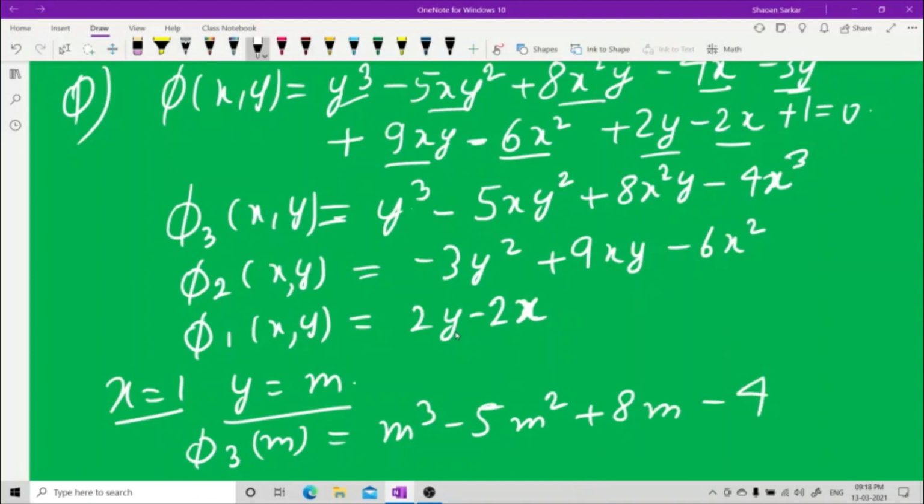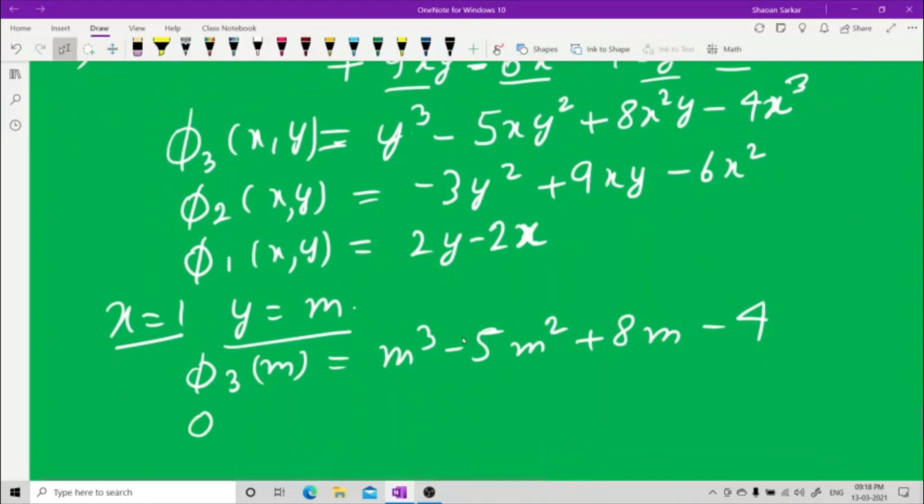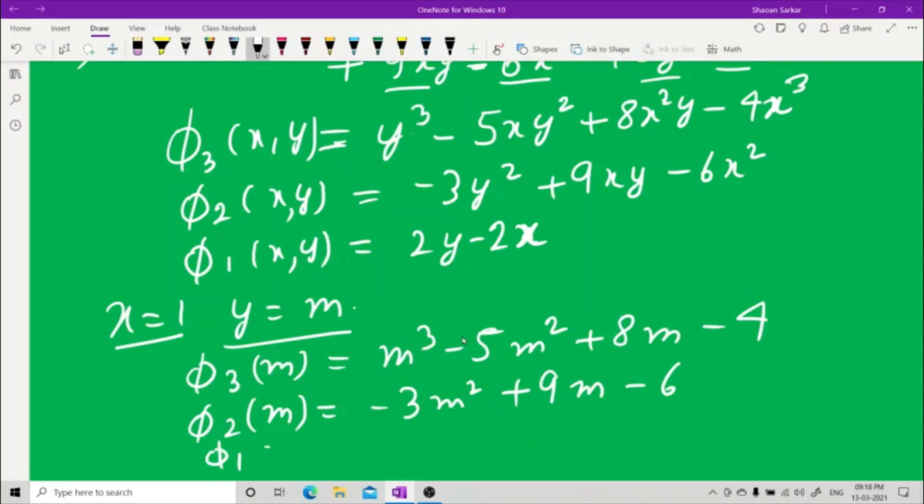Now phi 2 of m is minus 3m square plus 9m minus 6. Phi 1 of m is 2m minus 2. यहां तक समझ में आ गया. जहां पे भी x है वहां पे 1 लिखना है, जहां पे भी y है वहां पे m लिखना है. So now you have understood how to write this. In place of y you will write m, in place of x you will write 1. x की जगह पे 1 लिखना है, y की जगह पे m लिखना है. This is the way.